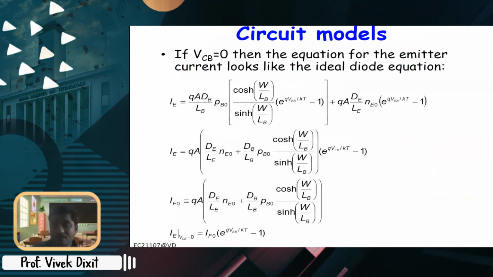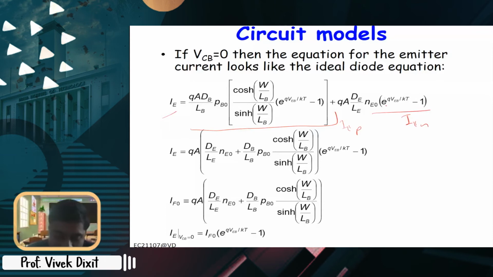Now based on this current equation, we can turn this current equation into a circuit model, right? So IE: this is basically due to IEP, and this is due to IEN, right?